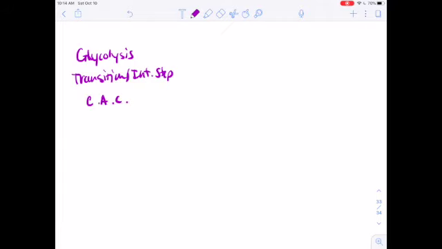So we'll be looking at glycolysis, the transition step, intermediate step, citric acid cycle, and respiration. For all of these, you need to know where in the cell, meaning where in a bacterial cell, where in a eukaryotic cell.